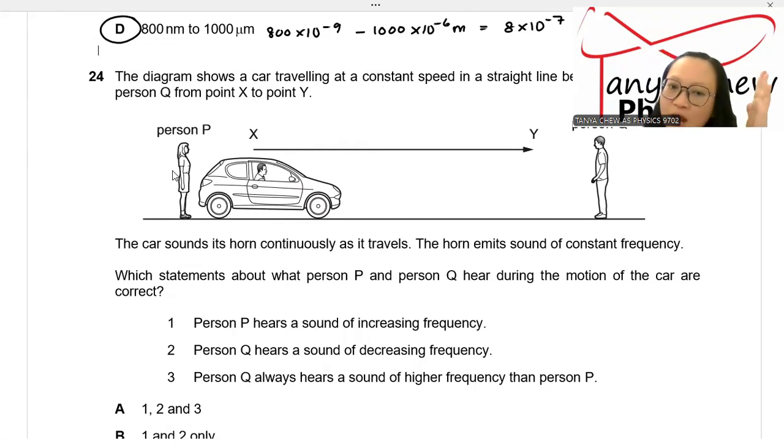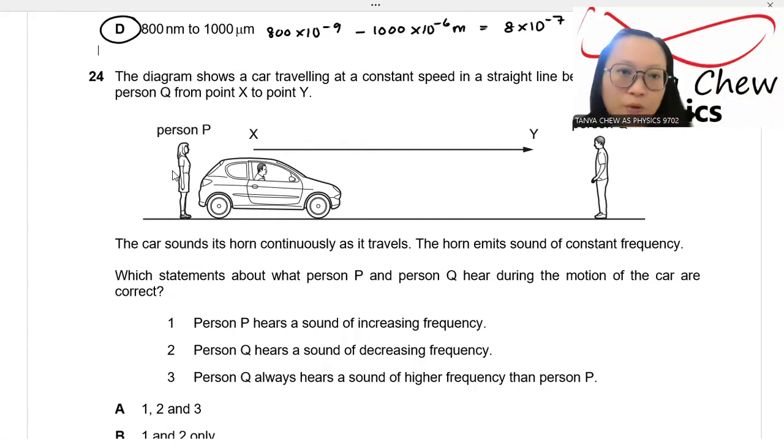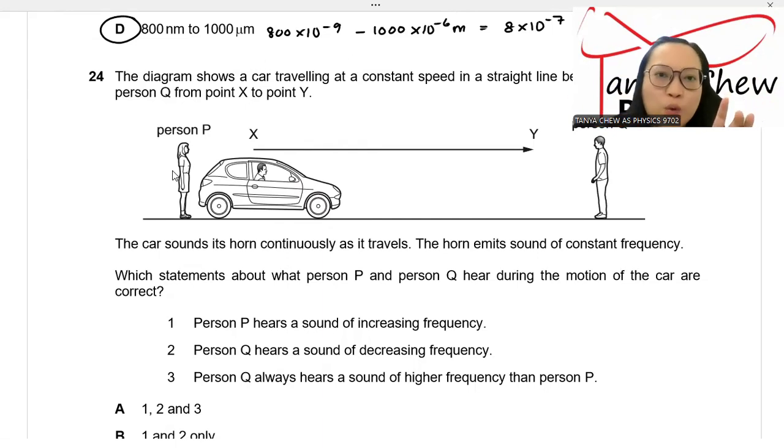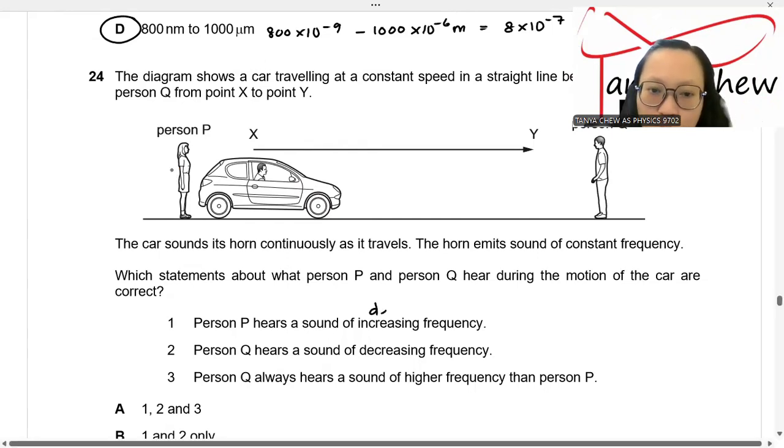Number 1, person P hears the sound increasing in frequency. This is not true because person P is at the back of the car and the car is moving away. This is the Doppler effect. When the horn is moving away, person P will hear decreasing frequency. One is wrong.